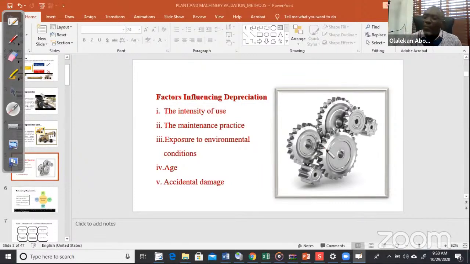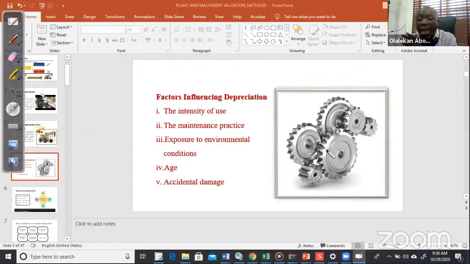Then you have maintenance practice: type of maintenance, level of maintenance, maintenance culture, readiness to maintain, and maintainability even of that asset. All of these are issues we can discuss under maintenance practice. If you don't have a maintenance culture, you only run to, what do we call it? Run to die, right?